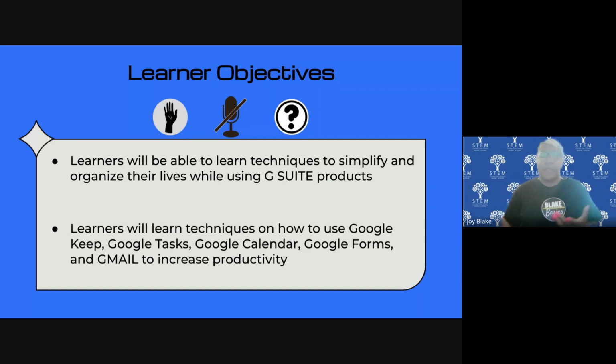So here's the rules of the game. Please use the raise hand function. I do pause for questions, so don't worry about it. And I typically always stay after as well if there are questions, so you don't have to worry about that. Carly, I can't wait till you're at STEAM school. And also make sure you remain muted. If you unmute, guess what? I'm gonna mute you.